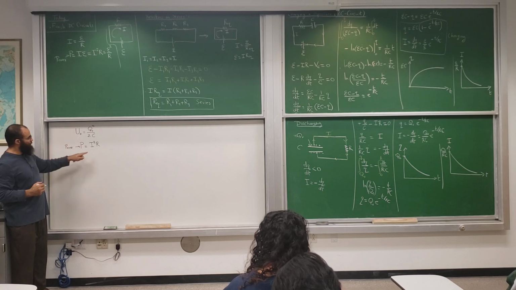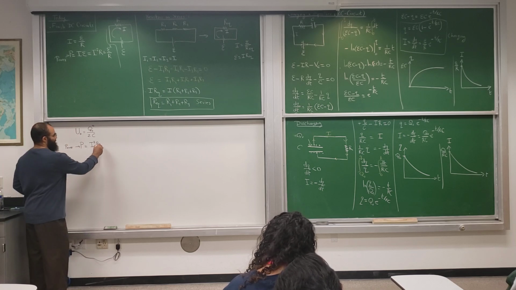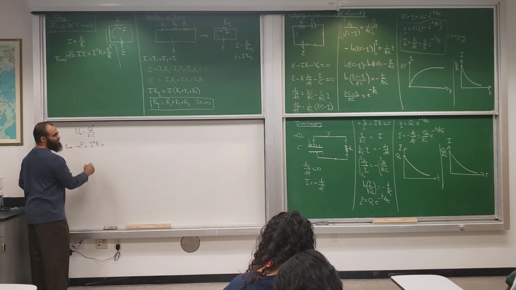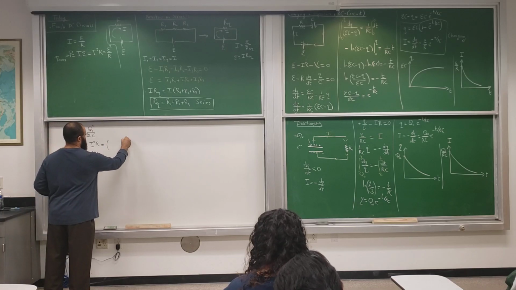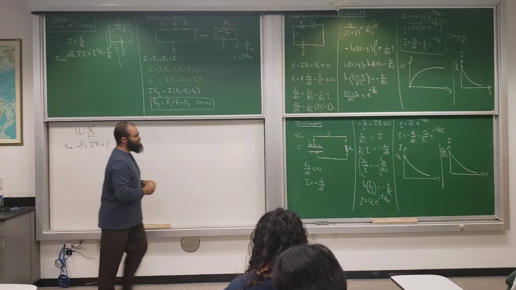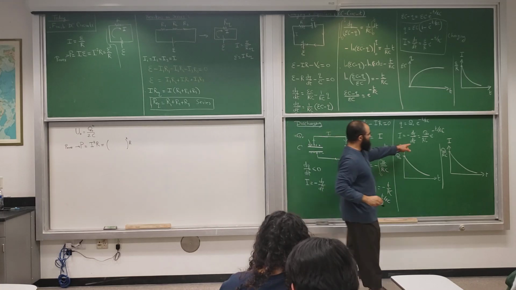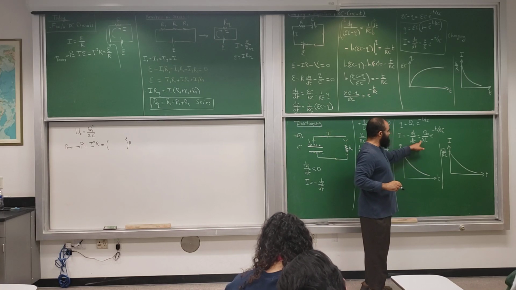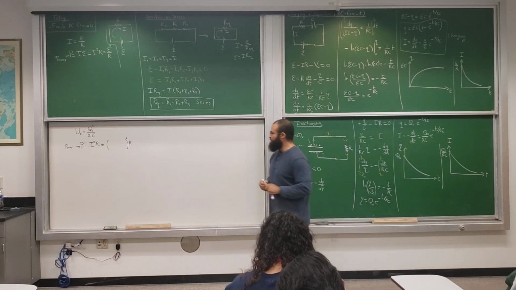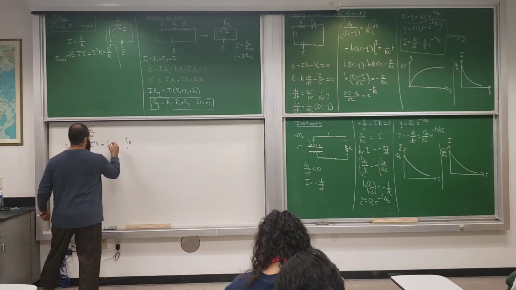That's what we want to show. I squared R. So here is I. That's the current as a function of time. The current is not steady, right? It's decreasing. So I'm going to use that.